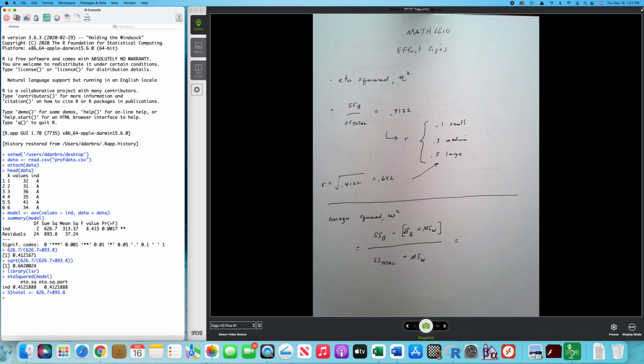So sum of squares between would be 626.7 minus degrees of freedom between, which would be 2, times our mean square within, which is 37.24. And I want that to be divided by the sum of squares total plus 37.24. All right, so we get 0.355.